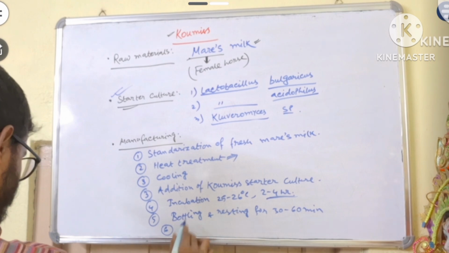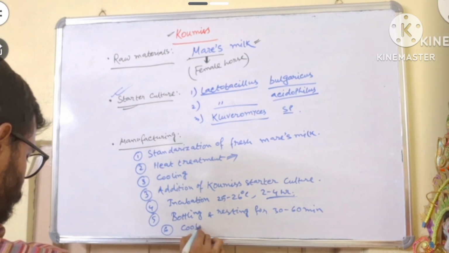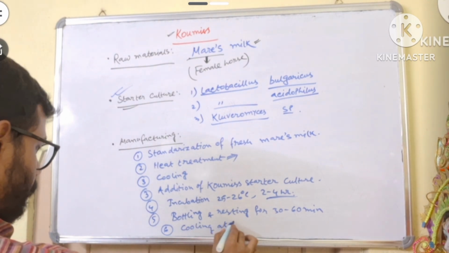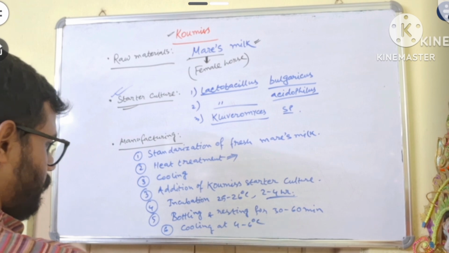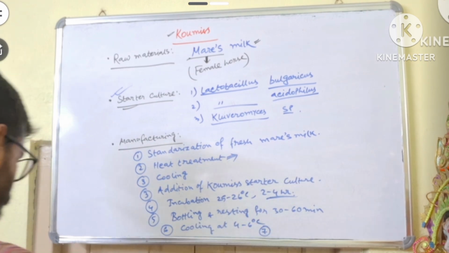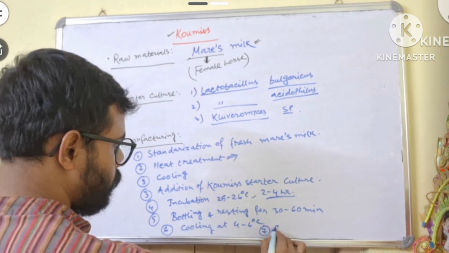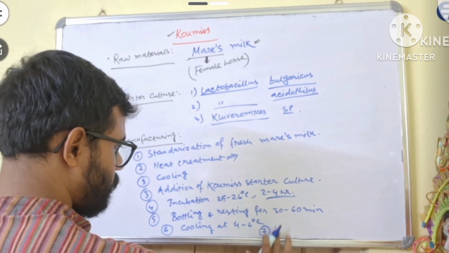Next is refrigerated cooling at 4 to 6 degrees centigrade. And the last stage, package and store.